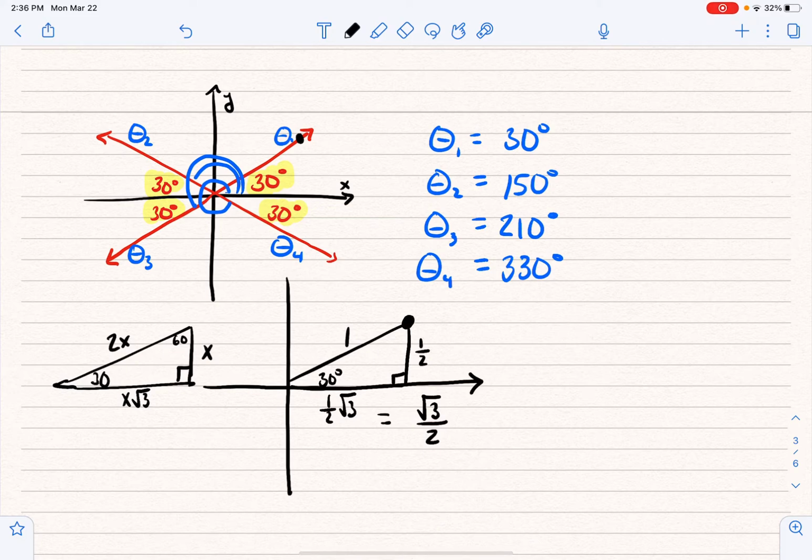Now I can find that point right there because I know how far out on the x-axis I went to get there, square root of 3 over 2. And I know how far up in the y direction I went to get there, 1/2. And so now all of a sudden I have the coordinates of a point on this angle, square root of 3 over 2, 1/2.